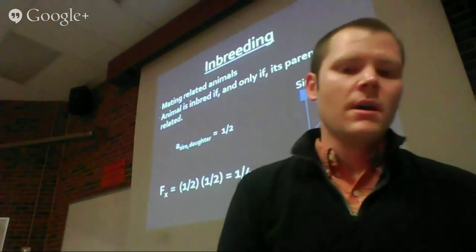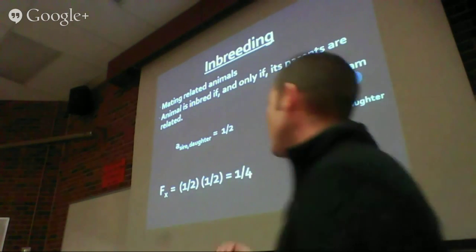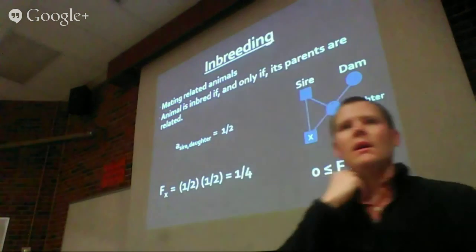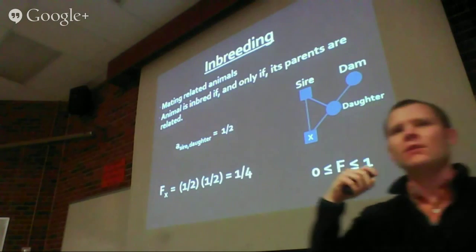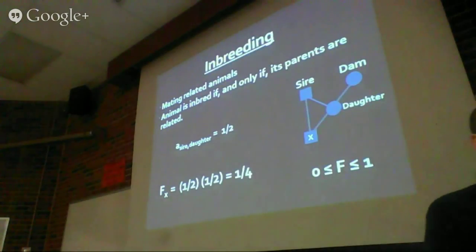So a point about inbreeding coefficients. Inbreeding coefficients will always be between 0 and 1. If you estimate an inbreeding coefficient and you get something greater than 1, check that out. It should be always between 0 and 1.